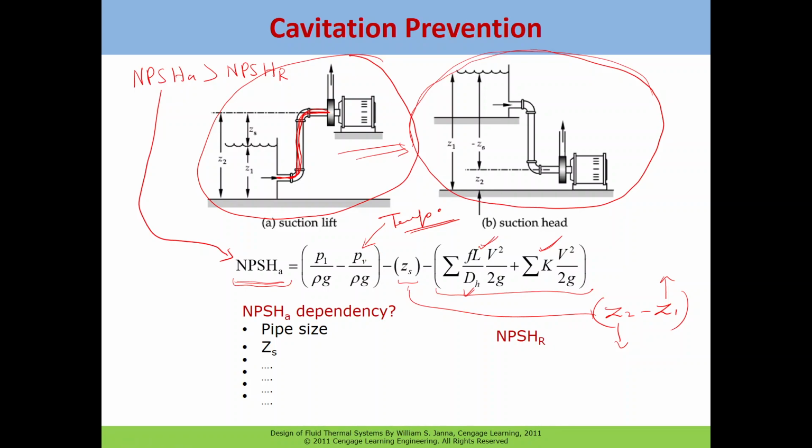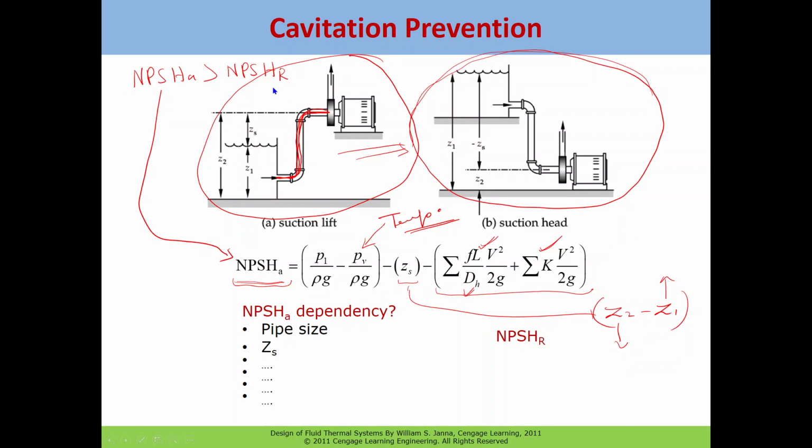The higher the temperature, the higher the vapor pressure. As you can see from this table, as the temperature is increasing, the vapor pressure is increasing.